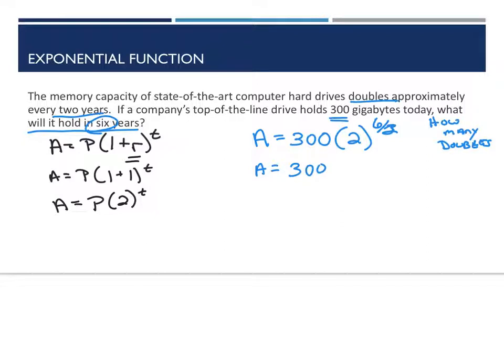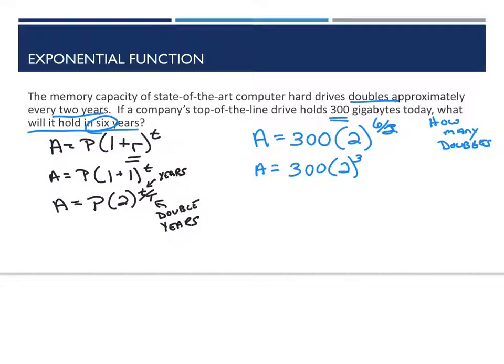Because in 6 years it's only going to double 3 times. So the way the formula looks, the t still is how many years, but then you divide that by capital T, which is your doubling years. How long does it take for whatever it is to double?